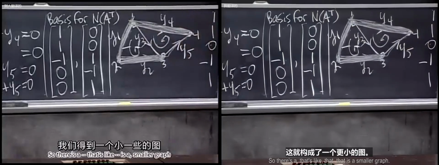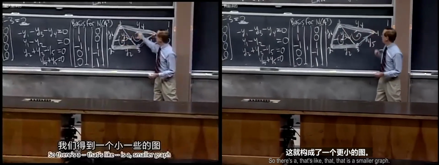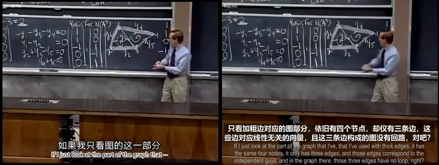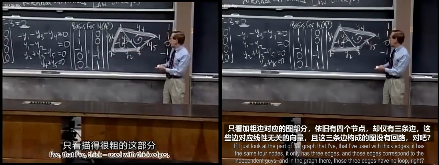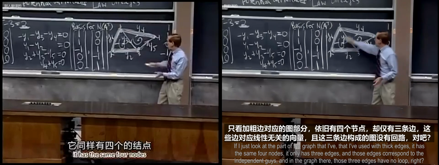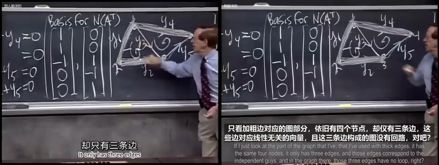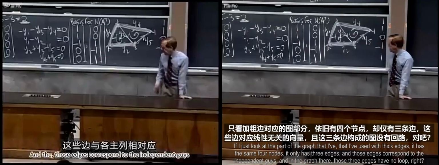So that is a smaller graph. If I just look at the part of the graph that I've used with thick edges, it has the same 4 nodes. It only has 3 edges. And those edges correspond to the independent guys.